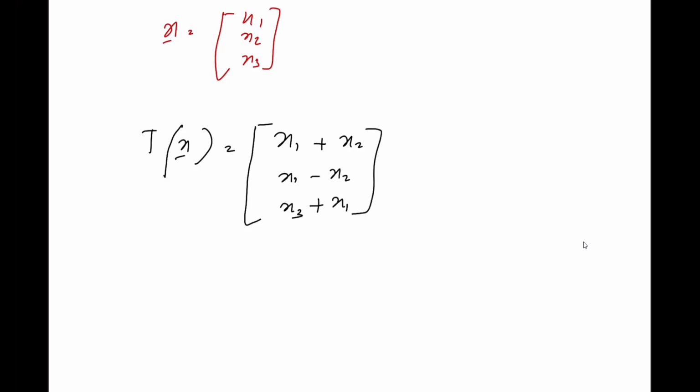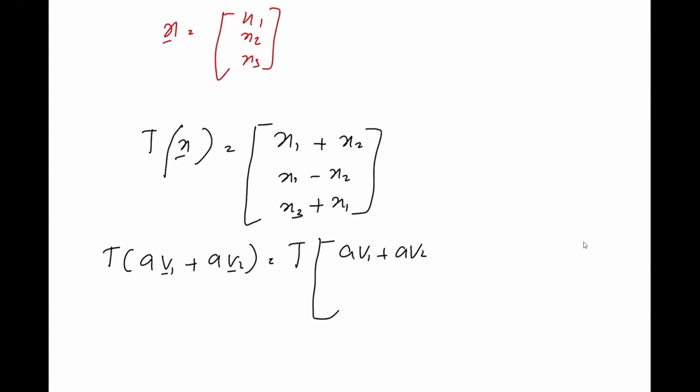If you consider, let's say, two vectors, like a V1 plus b V2, this is nothing but the transformation of a V1 plus b V2. Let's say we use V and W for easier notation. We can write V1 plus W2, W1.